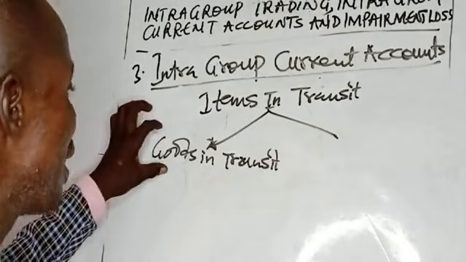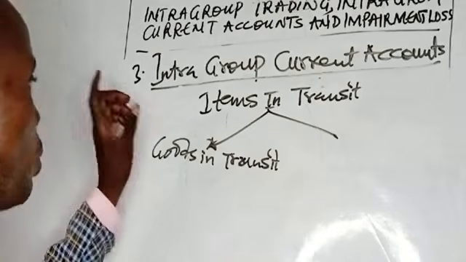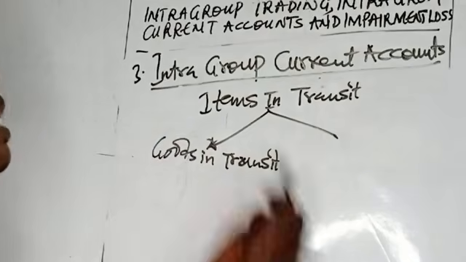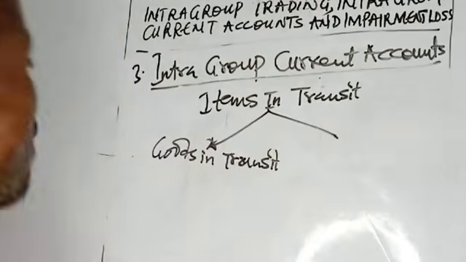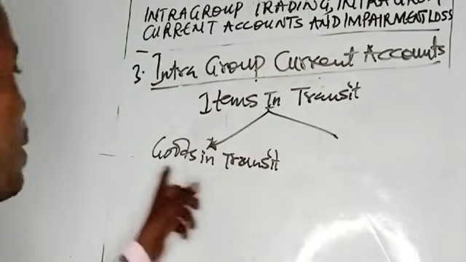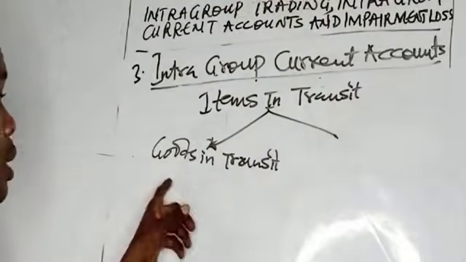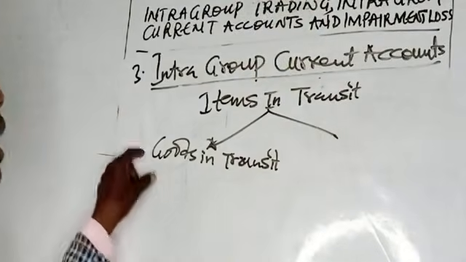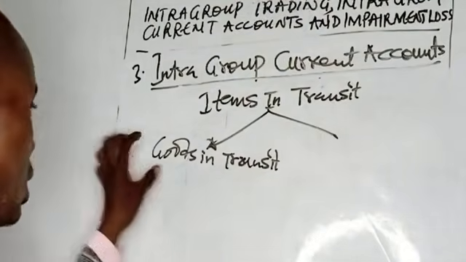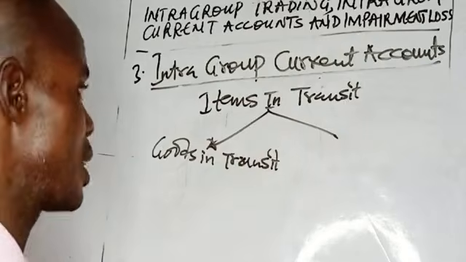So where one person sent goods to the other, and the person who sent it has recorded it, okay, I have returned it or I have sent it back to this person, and the person to whom it is sent has not received it, the goods are still in transit, still on the way. So in that case, the current account will not agree. So the reason for the difference might be as a result of goods in transit.